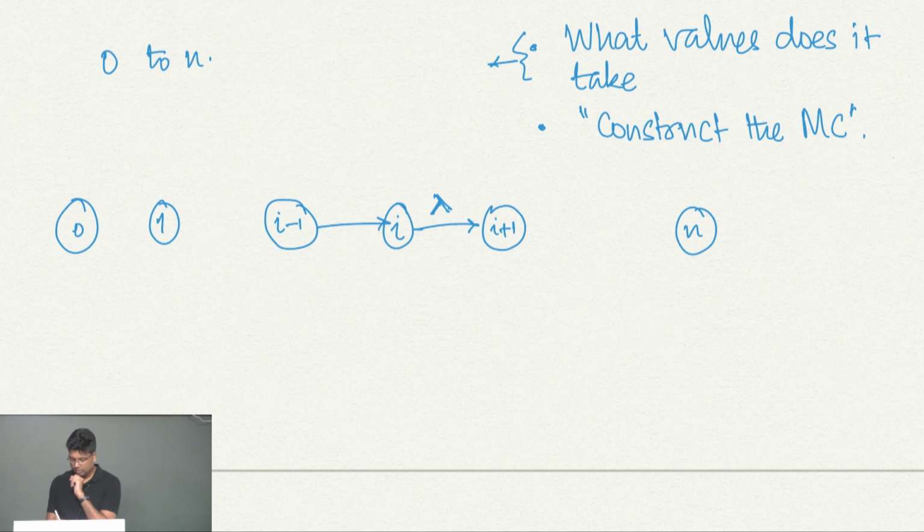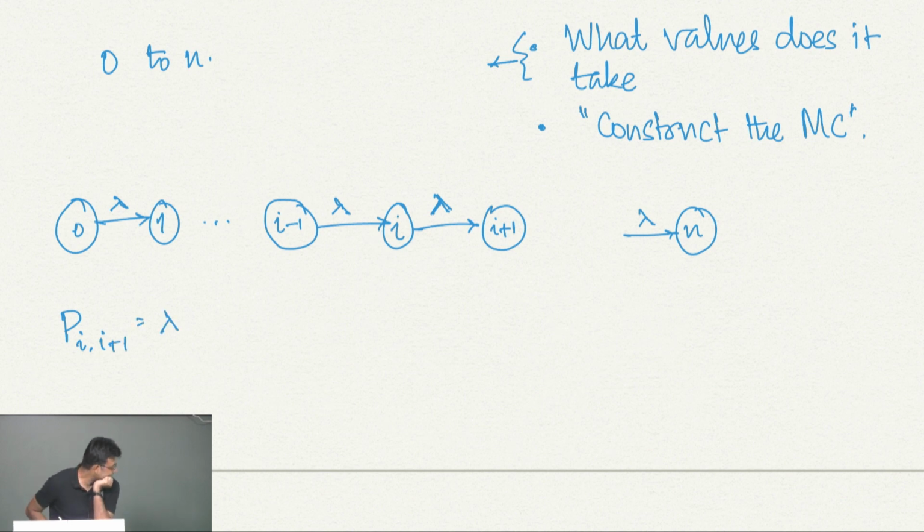So this is all forward. The probability P of i comma i plus 1 is lambda, for all i less than n.